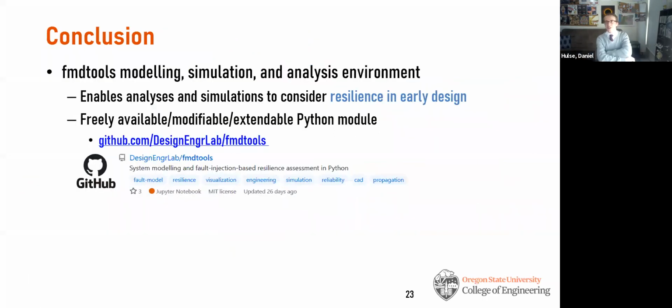So in conclusion, in this chapter, we presented the FMD tools modeling, simulation, and analysis framework. This toolkit enables analysis and simulations to consider resilience in early design. It's also freely available. So if future researchers want to build on it, they can download the code and extend it however they want.